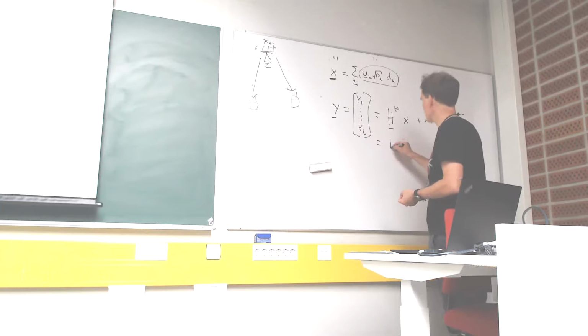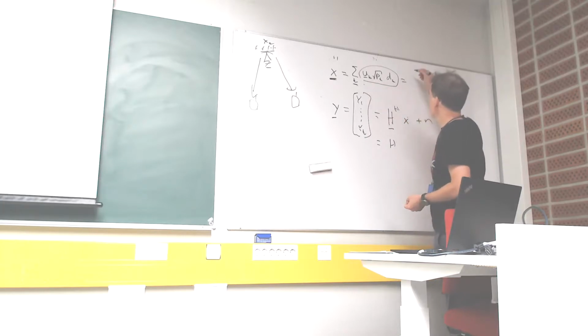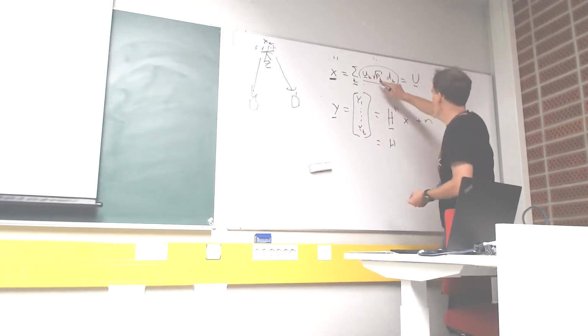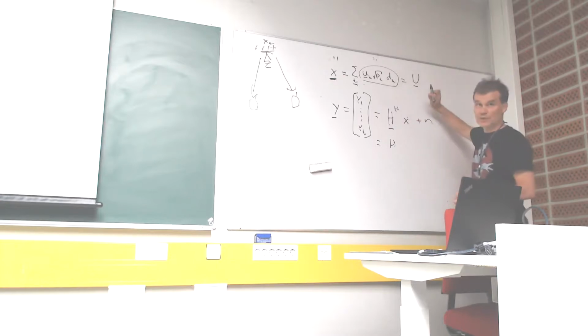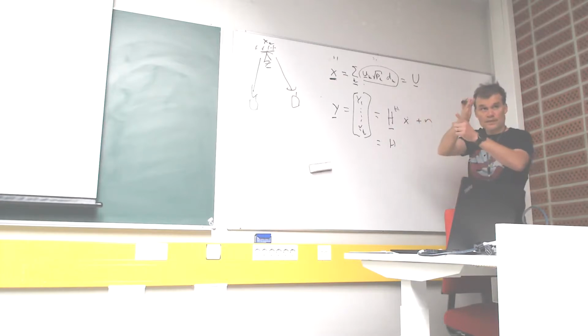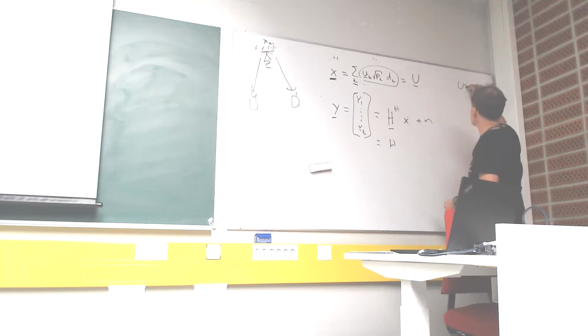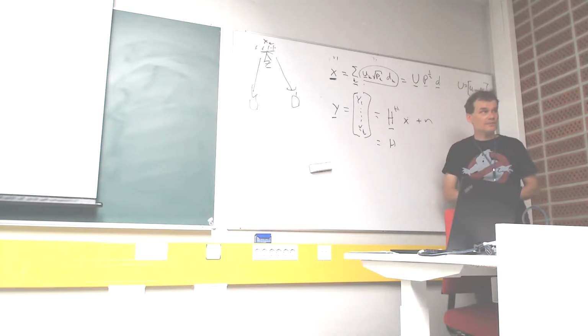Now you can also plug in this x here. Actually, you can also simplify this expression by collecting all these u vectors into a matrix U, right? U is just U1 to UK, times a diagonal power loading matrix times vector d.